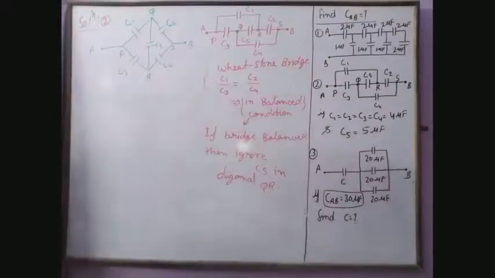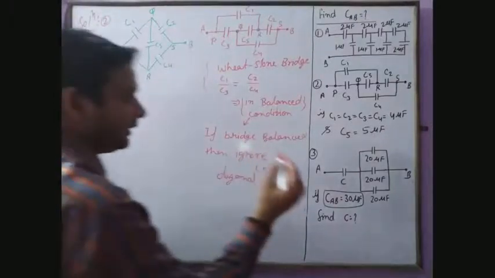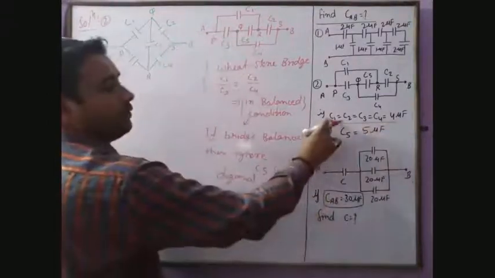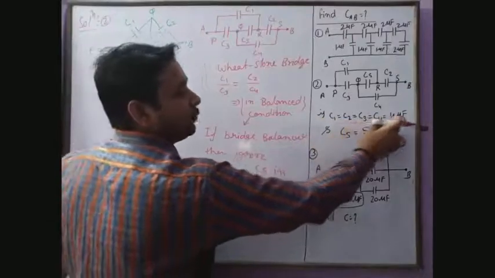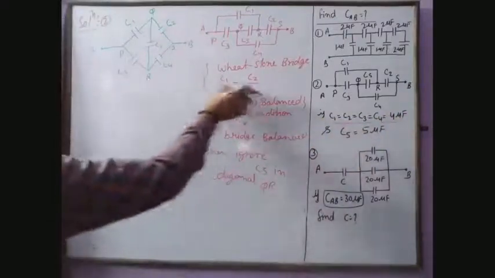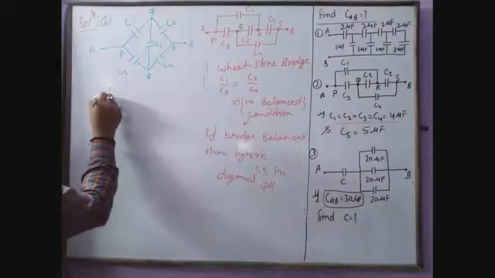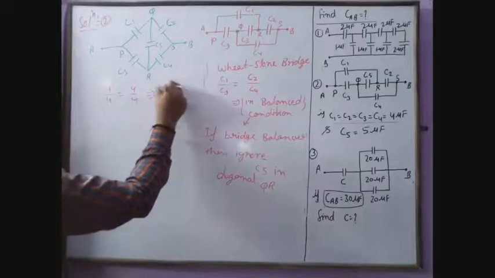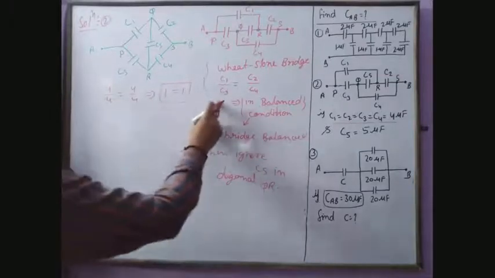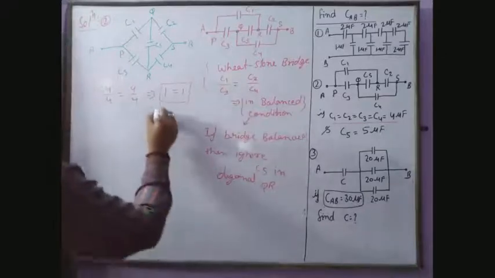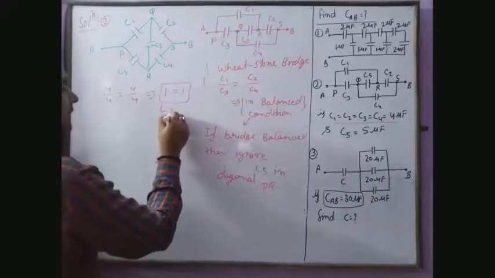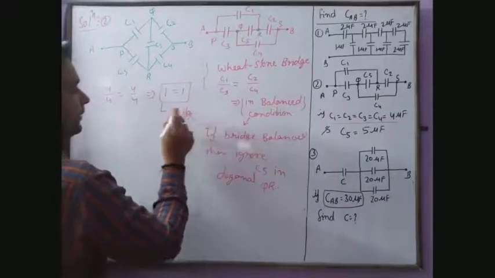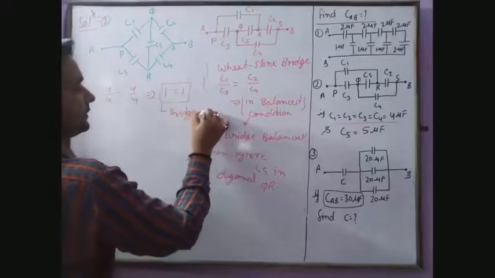Okay, so first we just need to understand whether it is balanced or not. So here the value of C1, C2, C3 and C4 is equal to 4 microfarad. We just use here 4 by 4 equal to 4 by 4. We get the result 1 equal to 1, which means the left side is equal to the right side. We can say the bridge is balanced.